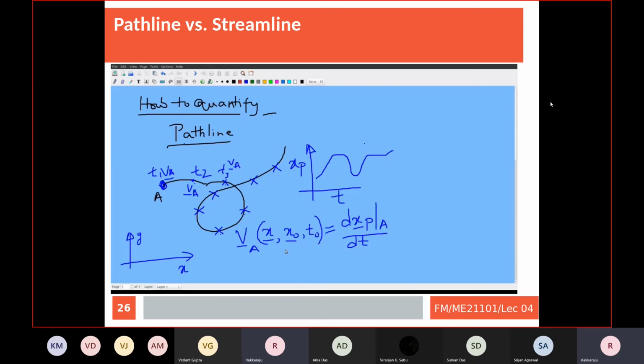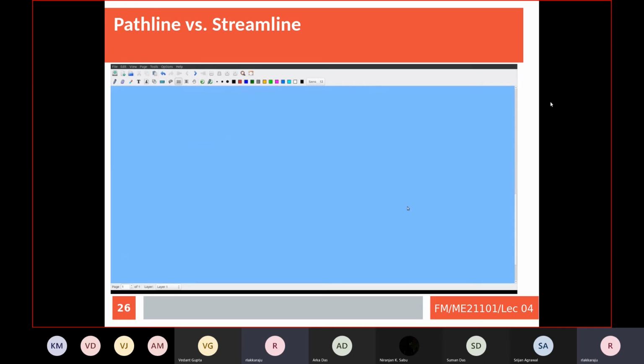In the case of streamline, freeze time and measure velocities irrespective of fluid particle A, B, C, D, E, F, and so on.